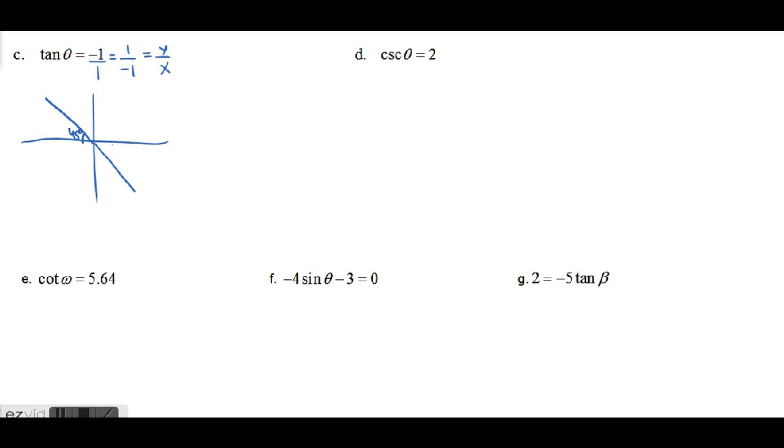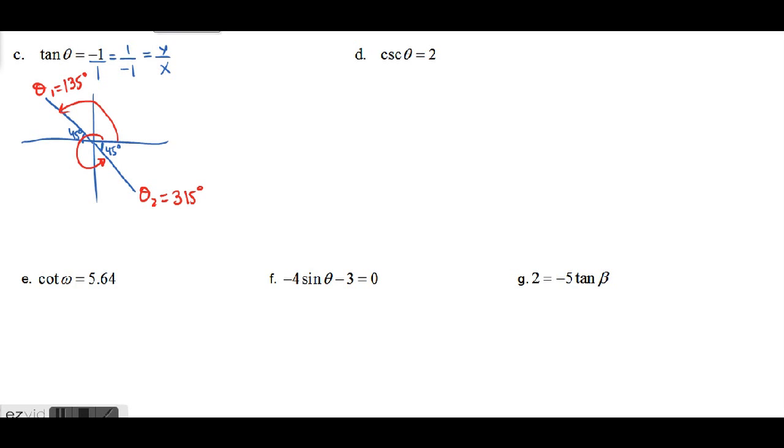Remember the related acute is always labeled towards the x-axis here. And so final answer, we just need to quote this right here would be θ1, and it's 45 degrees less than 180 rotation, so that's 135, and then this rotation here, θ2, is 315.